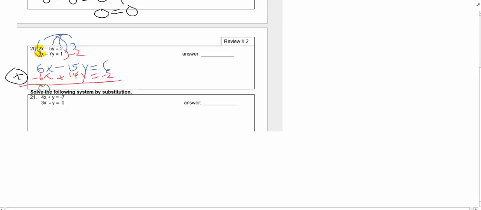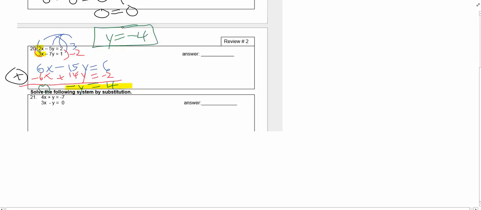And then a negative 15 plus 14 would be a negative y. And 6 plus a negative 2 is a quantity of 4. So remember, we're not finished here. We have negative y equals 4, which means a positive y equals negative 4.